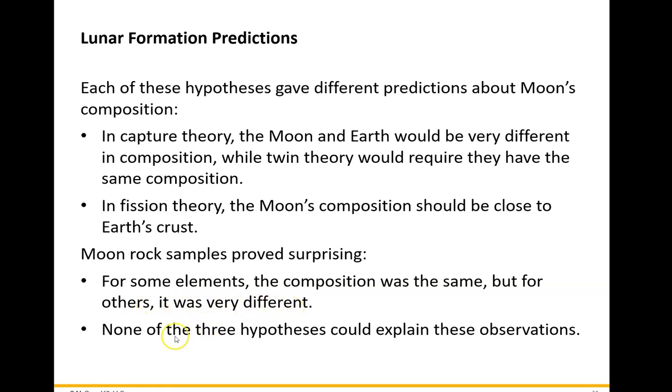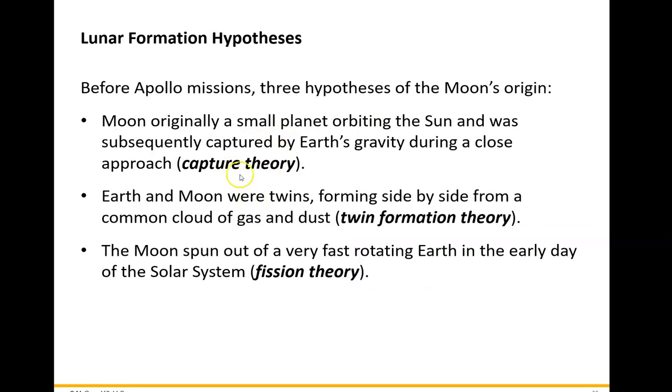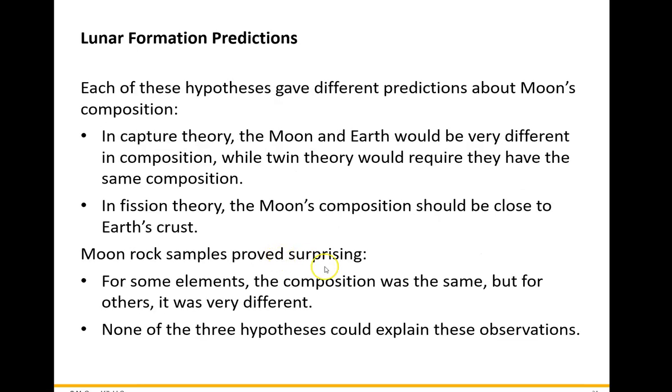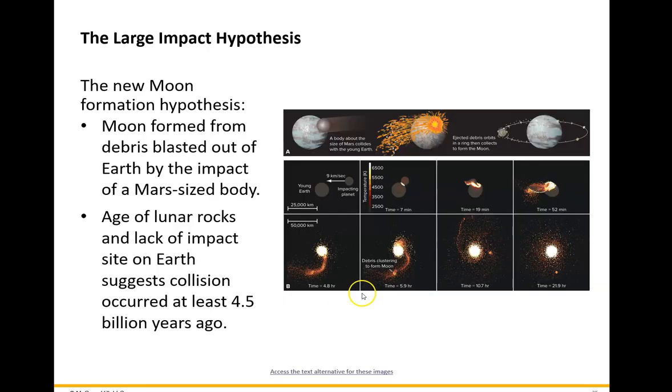All right. So none of these three hypotheses, the capture theory, the twin formation, and the fission theory, worked, right? This is a beautiful example of science at its core, right? You have these ideas, and then you have experimental evidence, bringing the moon rocks back, analyzing their composition, and you find that none of them are right.